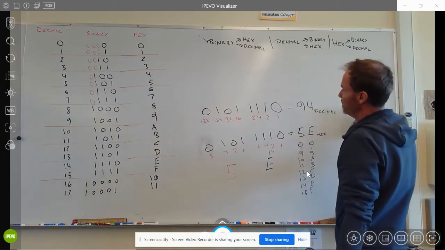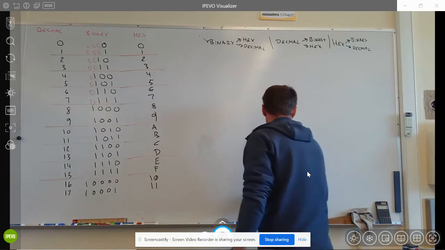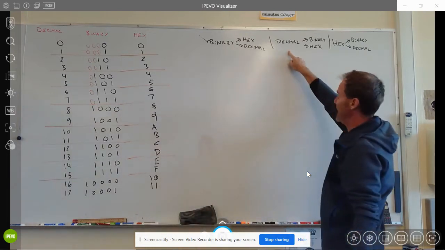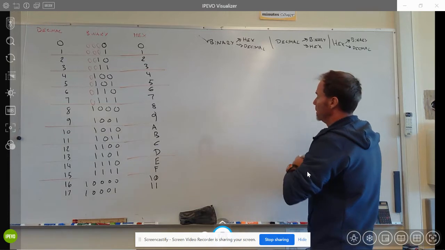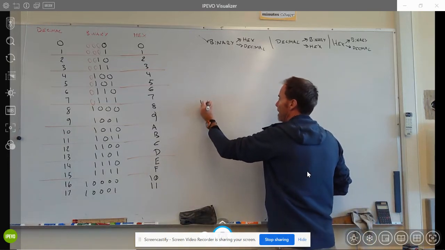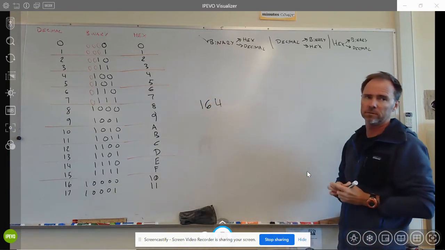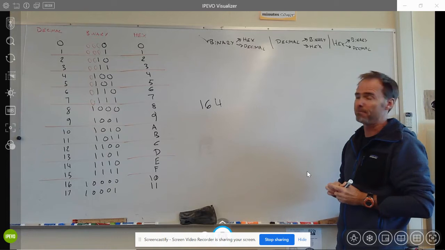So now I'm going to do the second thing. Now I want to do decimal. Let's do the first one: 164.